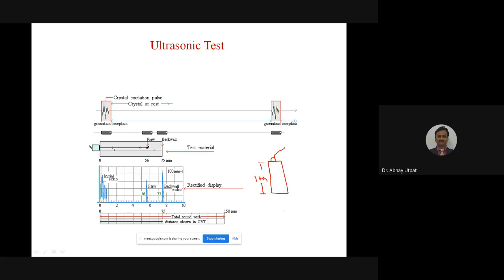So in this way you go on moving this. Suppose this is the first signal, this is the last signal.